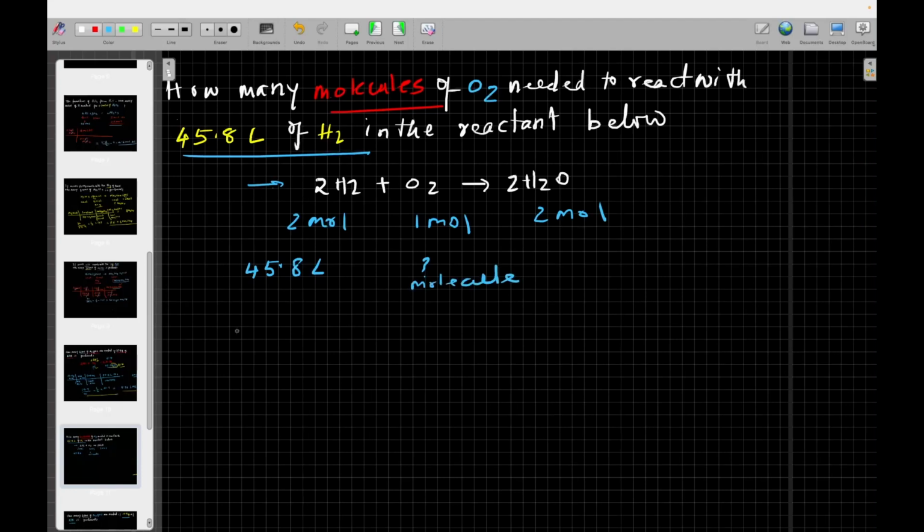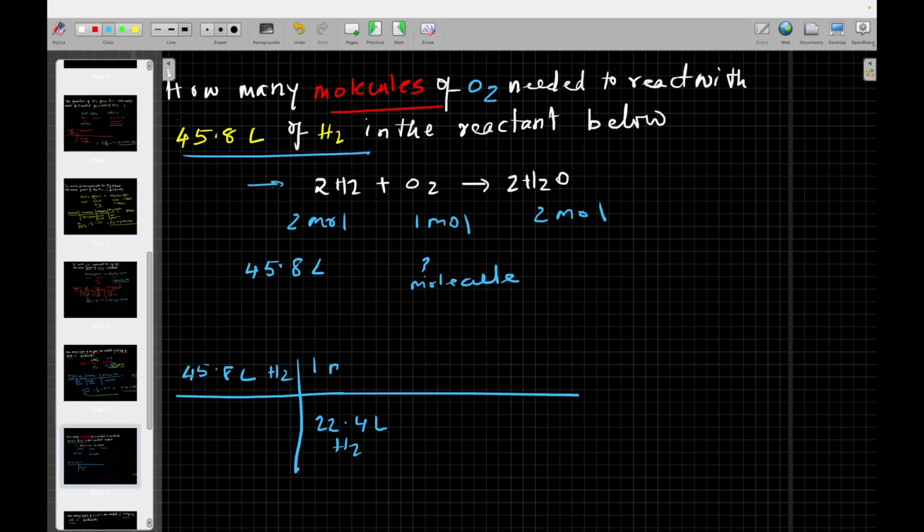So now we need to convert liter information to mole information. The number given should be placed at the extreme left: hydrogen, and then we already know 22.4 liters of hydrogen means 1 mole of hydrogen.